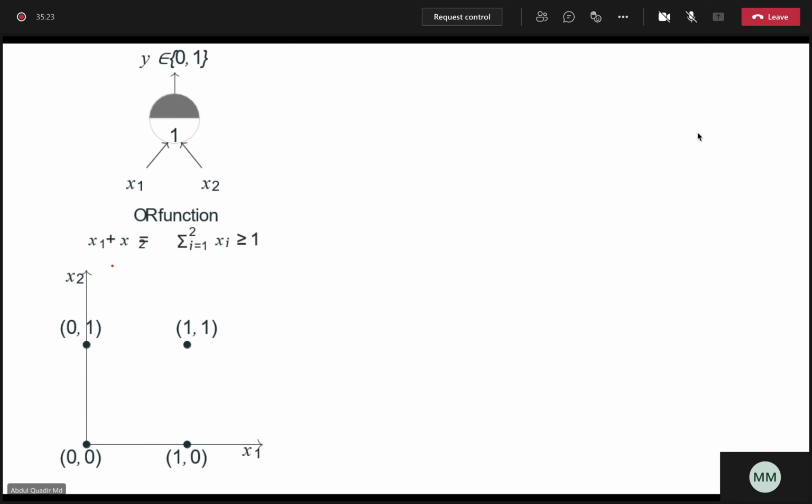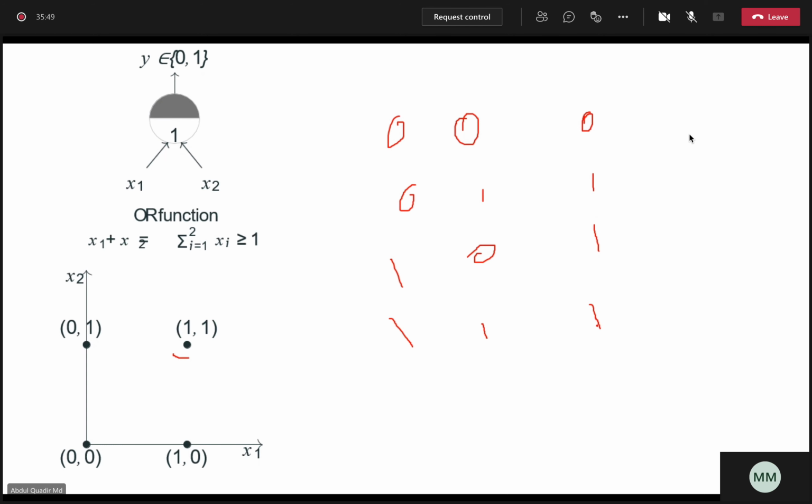So I can draw the four points for x1 and x2: 0,0; 0,1; 1,0; and 1,1, with output values 0, 1, 1 and 1.